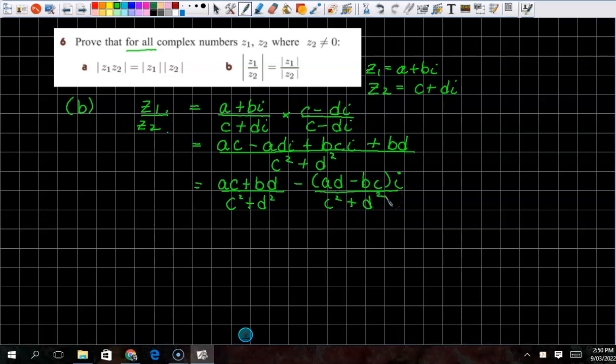Therefore, the modulus of Z1 over Z2 is going to be that squared plus that squared.